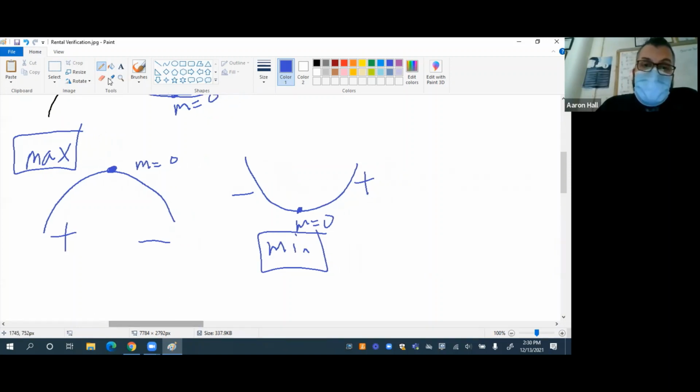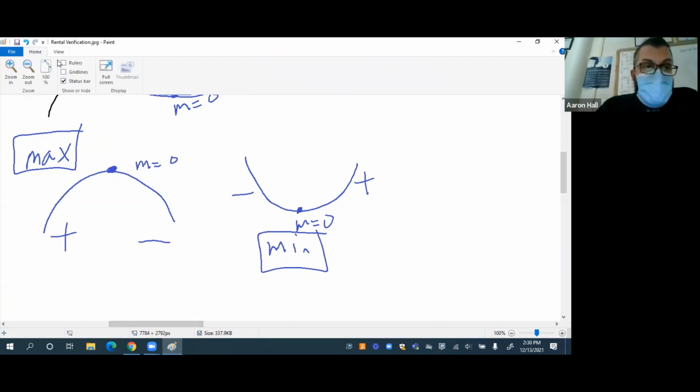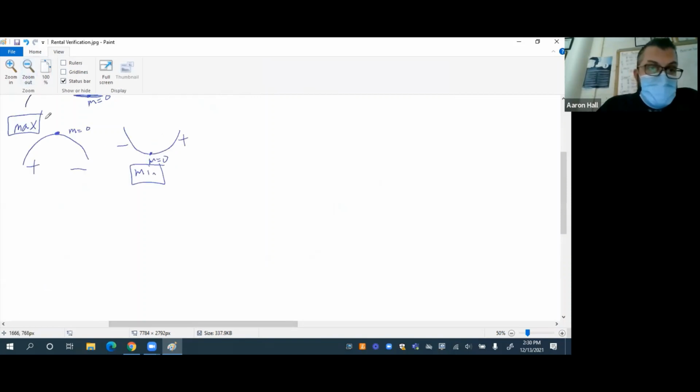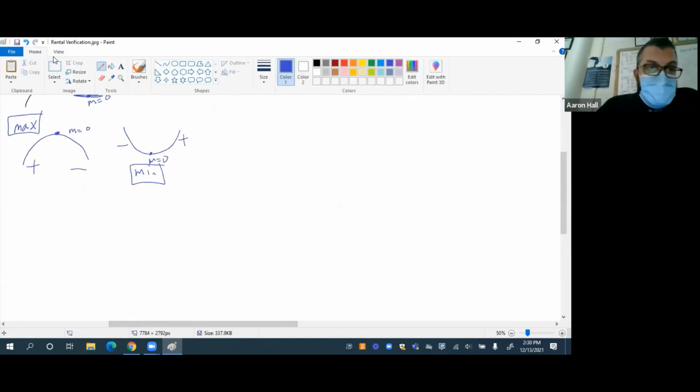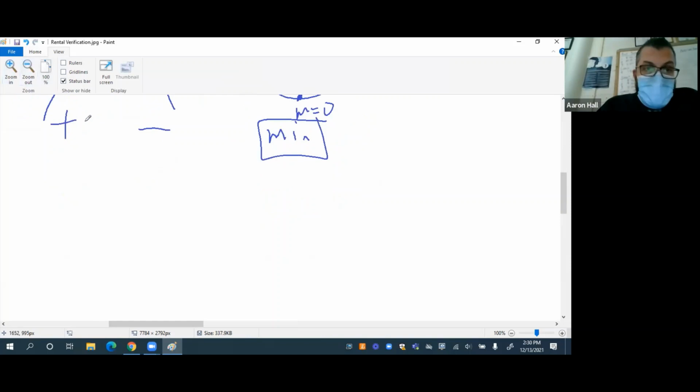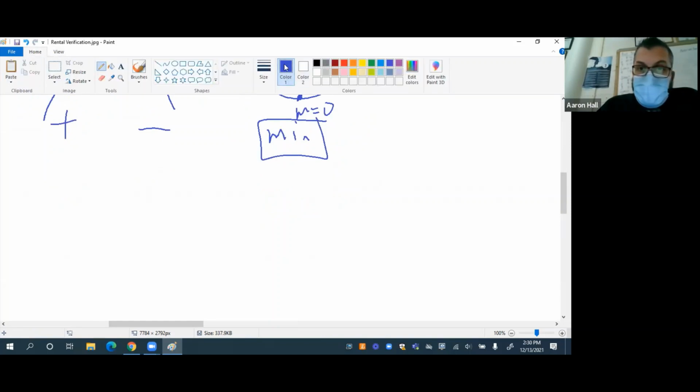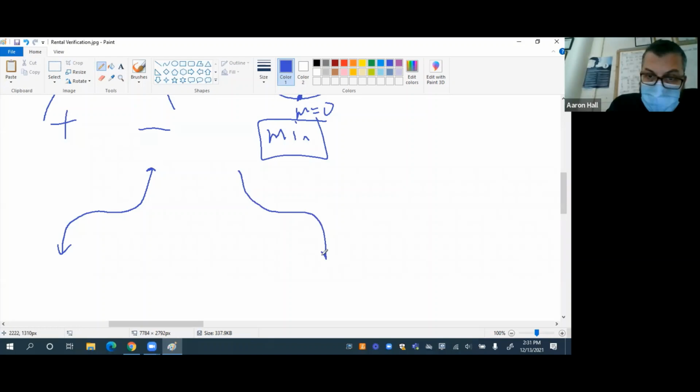Now let's consider some other possibilities, because I could also have something, I'm going to actually zoom in. I could also have something that looks like this or like this. And this right here, that is my stationary point where my slope is 0.